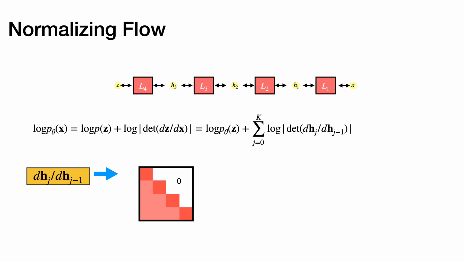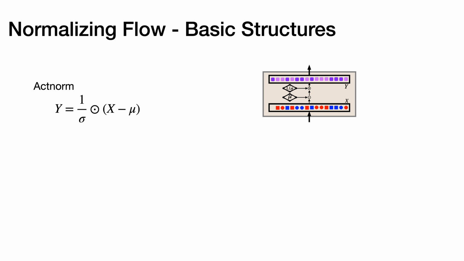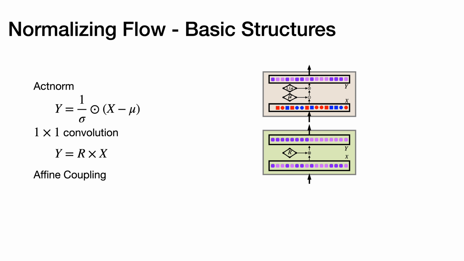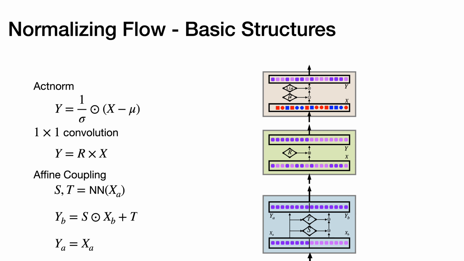If the Jacobian is a triangular matrix, the determinant is easy to compute. There are three basic structures for the normalizing flow-based model, called ActNorm, one-by-one convolution, and the affine coupling layers.